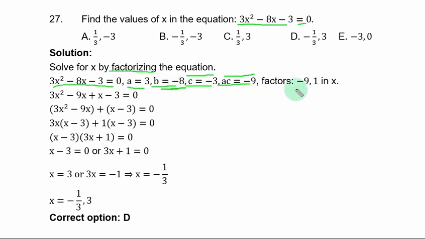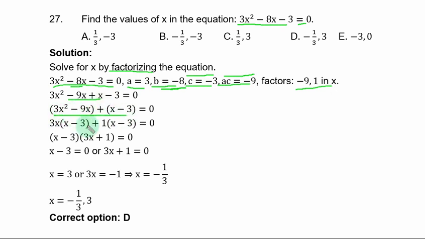Such factors are minus 9 plus 1 in s. So you express the factors in terms of s and replace the middle term with them. The purpose is to get 4 terms so that you factorize by grouping.